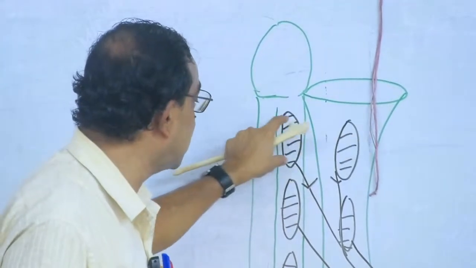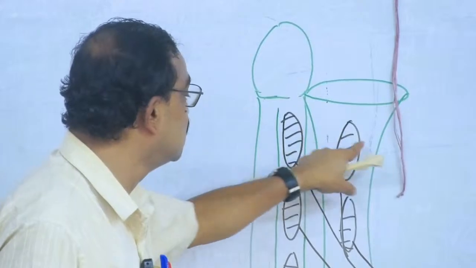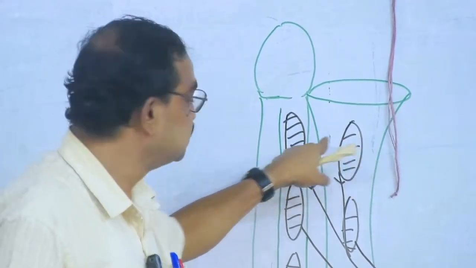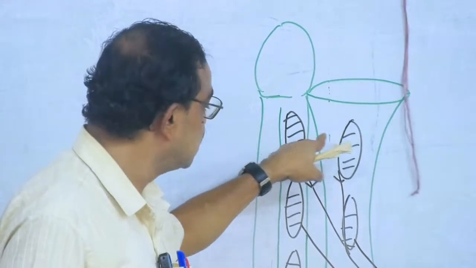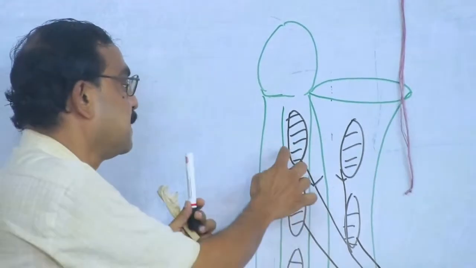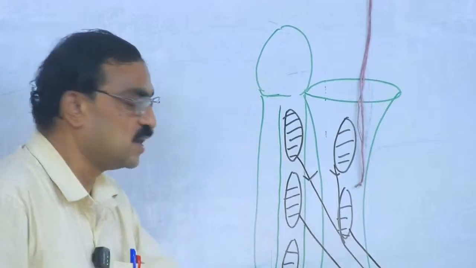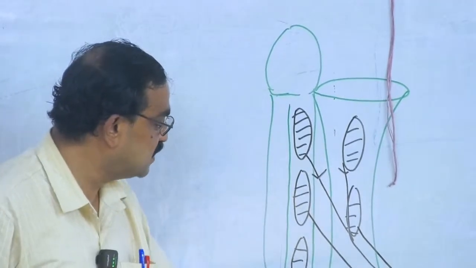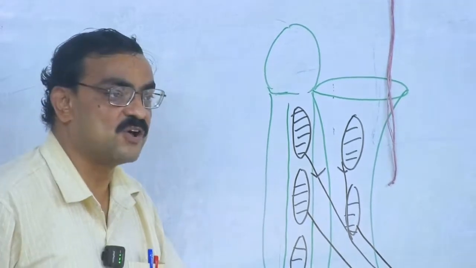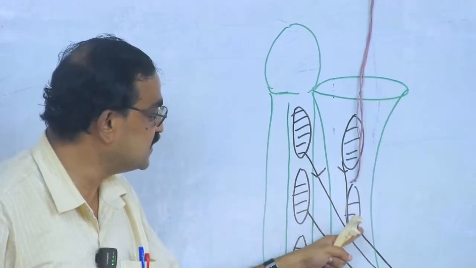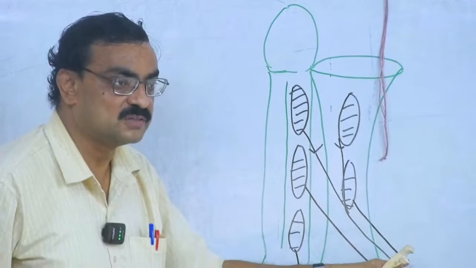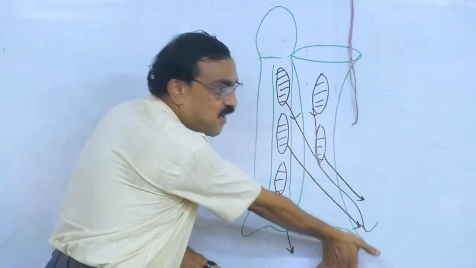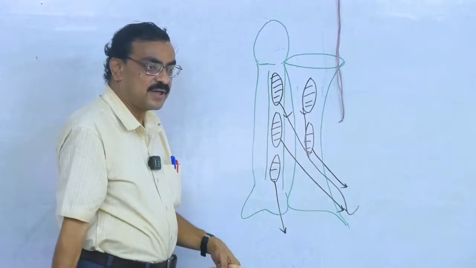One is abductor. Abductor also has radial origin from the radius. So this is the abductor pollicis longus. This is a long muscle. So this is extensor pollicis longus. This is extensor indicis, which is short. Okay.